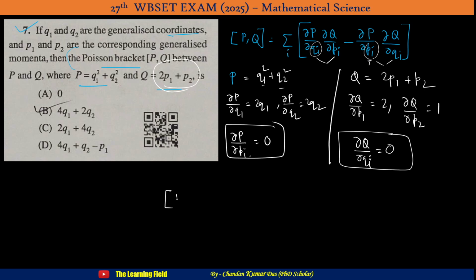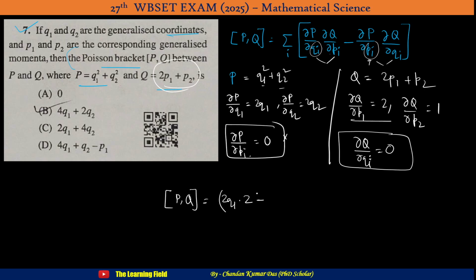That means for this case, the Poisson bracket of P and Q is equal to del P del Q1, which means 2Q1, into del Q del P1, which means 2, minus, for i equal to 1, del P del P1, which is 0.